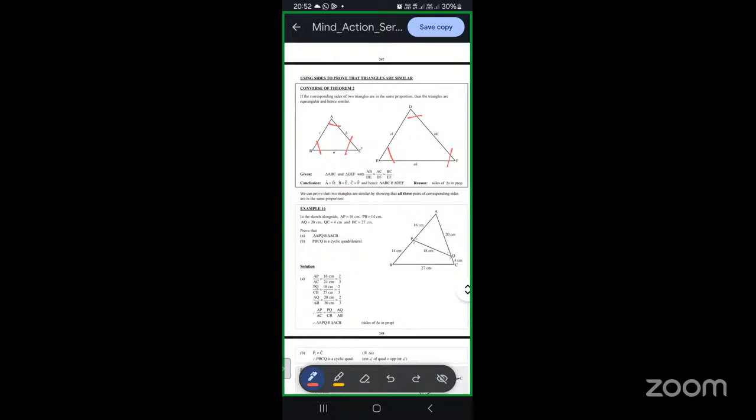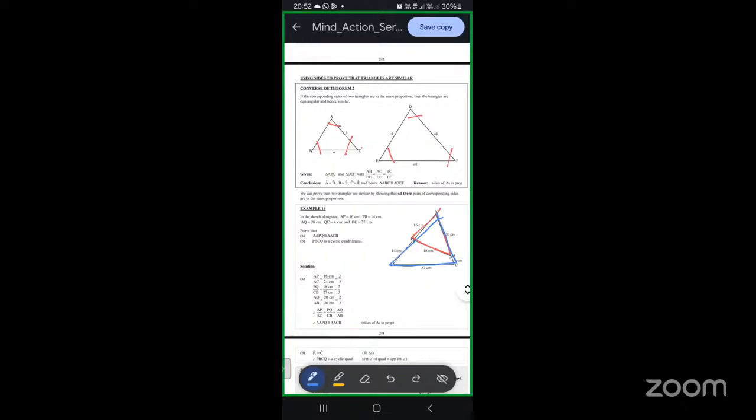We are required to prove that triangle APQ is similar to triangle ACB. So we don't have angles, we only have sides of those triangles.